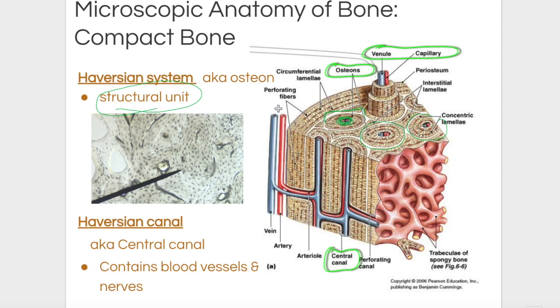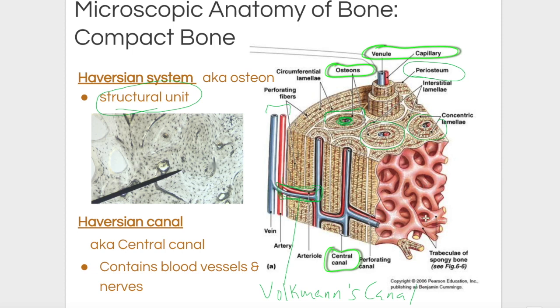In order to have our blood vessels pass from the exterior into the medullary cavity to provide the nutrients throughout, we're also going to have these horizontal canals here. These are known as Volkmann's canals, and that's going to allow for passage of nutrients horizontally. And again, we have our periosteum, which is the outermost layer, which will anchor our blood vessels.